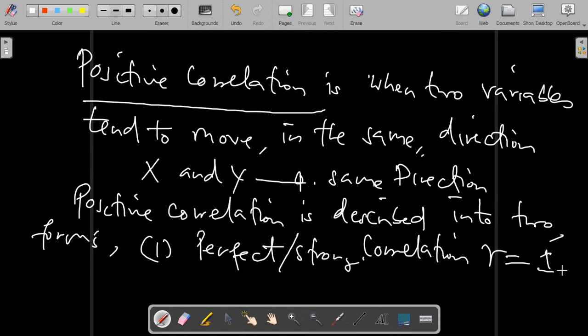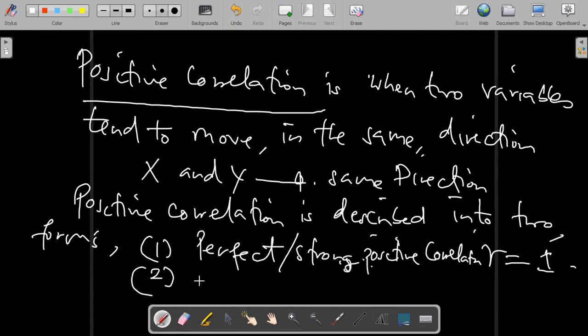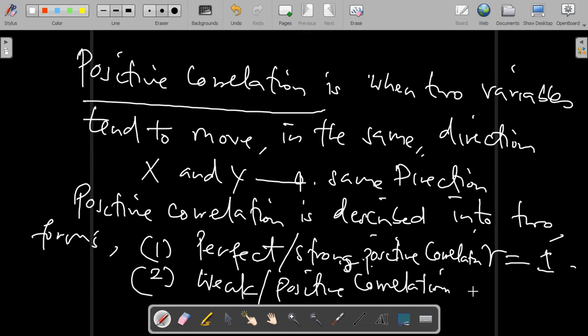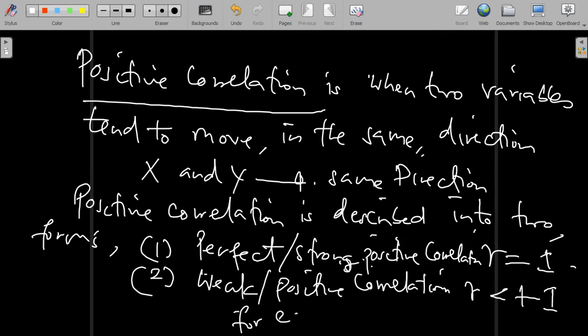We have the perfect or strong correlation, and we have weak positive correlation. Perfect strong correlation is whereby R is equal to 1, and weak positive correlation is where the R correlation coefficient happens to be positive but less than 1, for example 0.88 or 0.56.